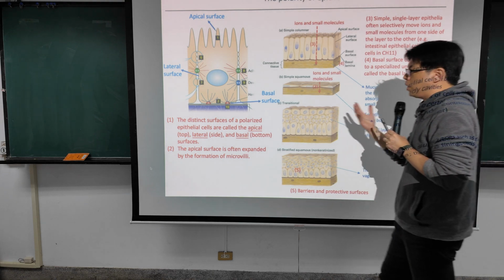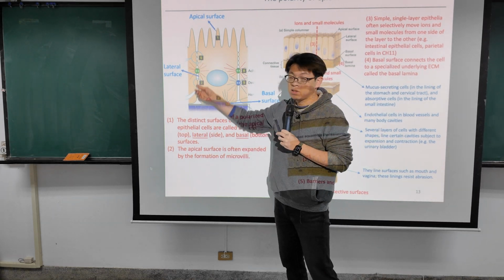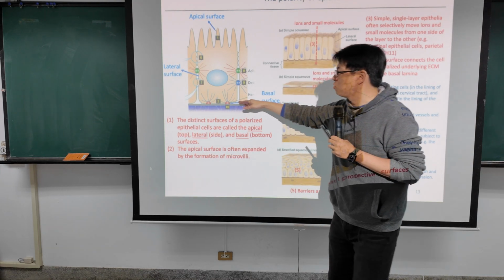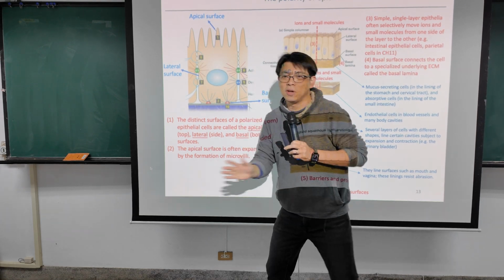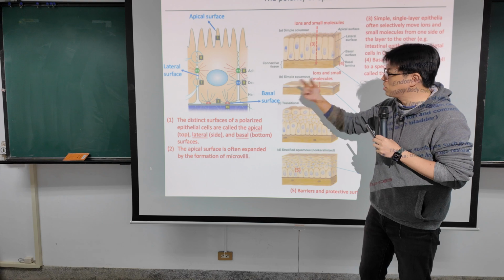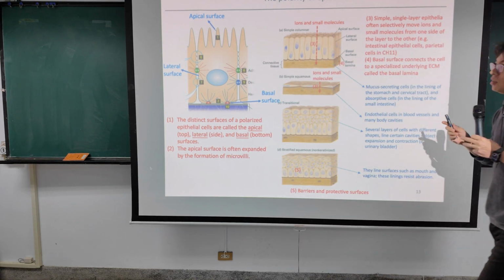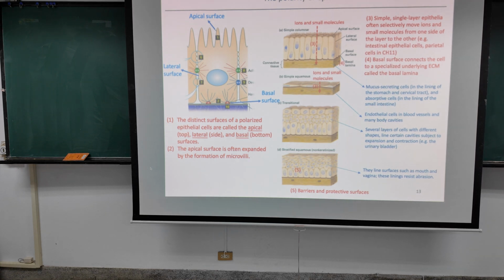I will let you know that the composition of the basal surface and the lateral surface are identical. So usually we just call it the basolateral surface. We don't separate these two surfaces. We just call them the basolateral surface and the apical surface. Okay? So the apical surface and the basolateral surface have different compositions.